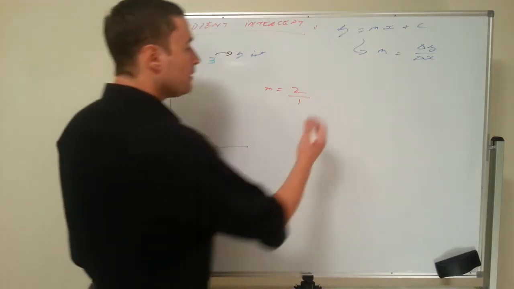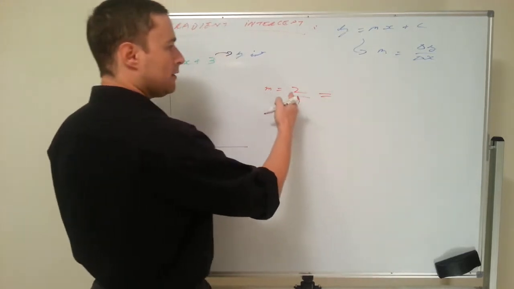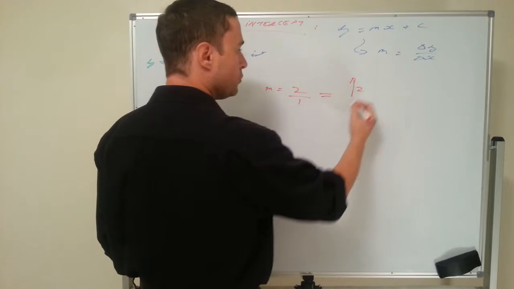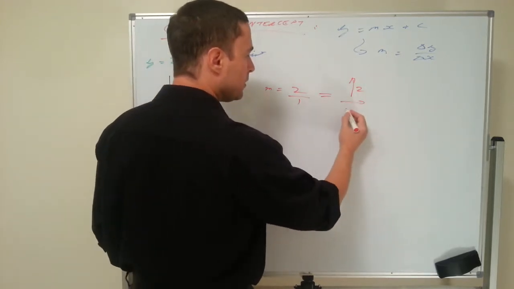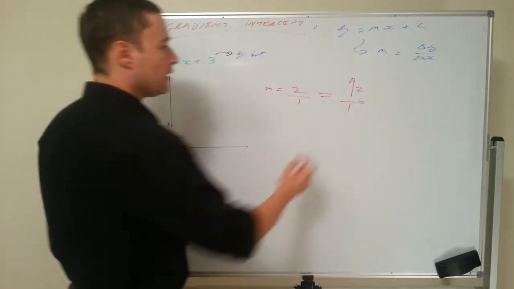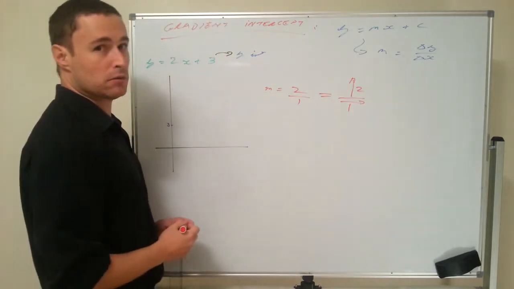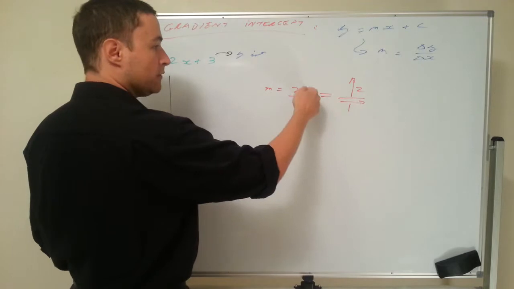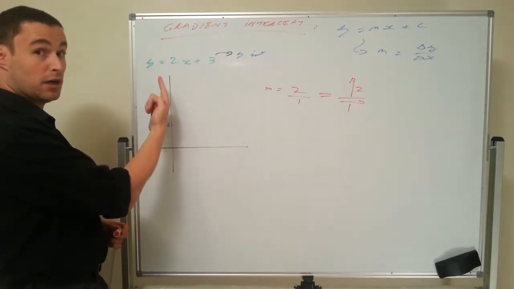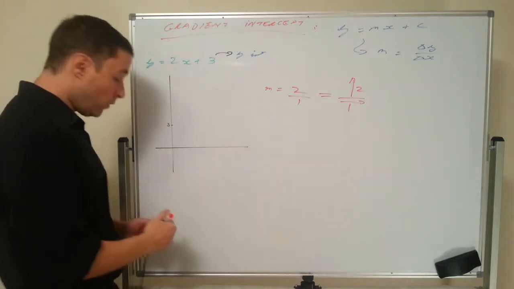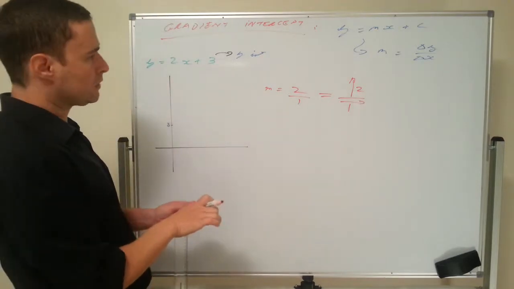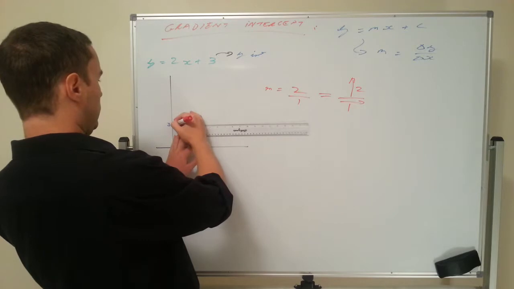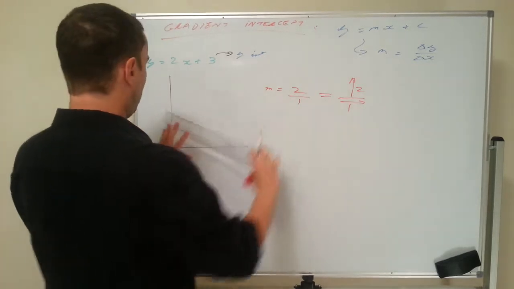Now what does this mean? This means that my vertical change is 2, so I'm going up 2, and my horizontal change is 1, so I'm going across 1. Up 2, across 1. Please note, positive in the positive direction of x, positive in the positive direction of y. So from the intercept, I'm going to go across 1, so if I'm doing it in inches, 1 across, and up 2.